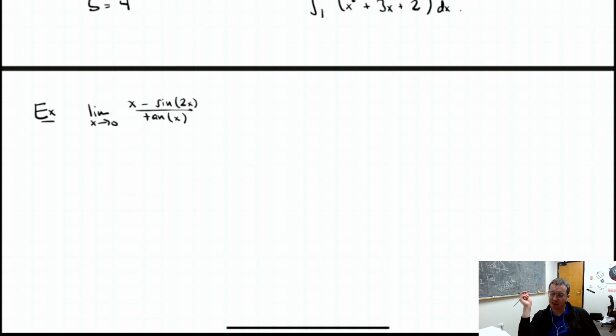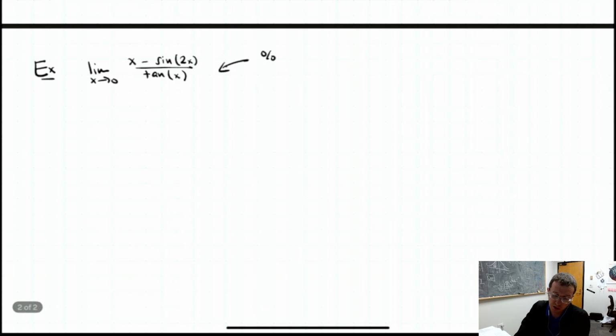Usually when you get 0 over 0, well, I guess what I mean to say is a lot of really important and interesting limits are 0 over 0, even though the limit exists. So the limit might still exist here. Trying direct substitution, though, also has the benefit that it tells us that this is a 0 over 0 indeterminate form, which means that we can use L'Hopital's rule.